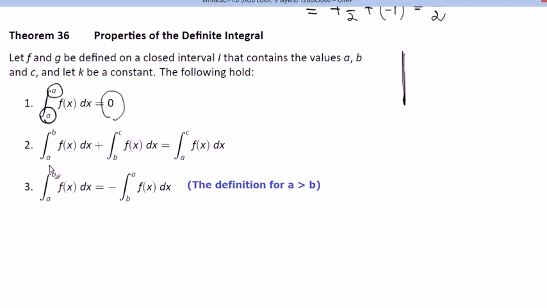How about this one? Integral from a to b plus b to c is a to c. For example, if I have this region there, I have a and b here, and c is somewhere in between. And there's this graph like that.